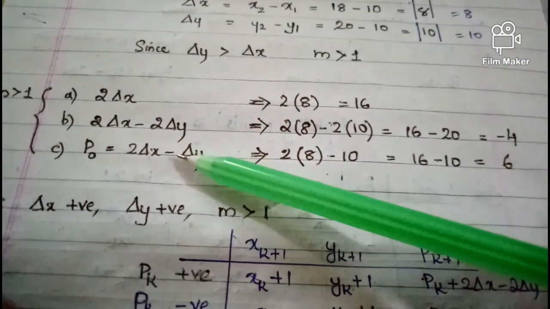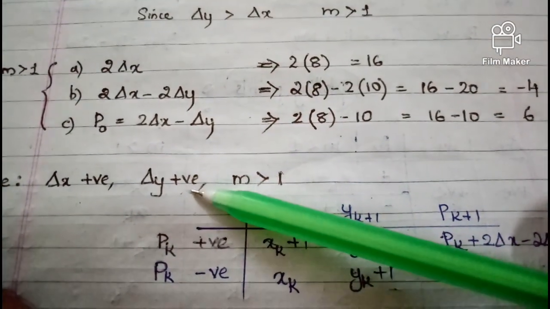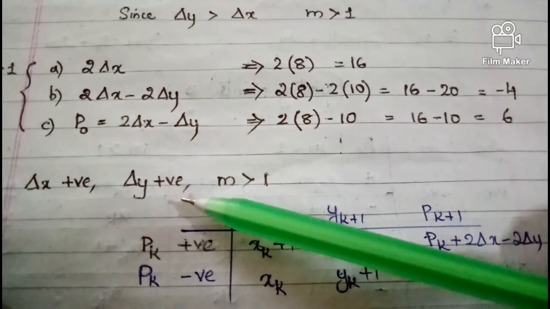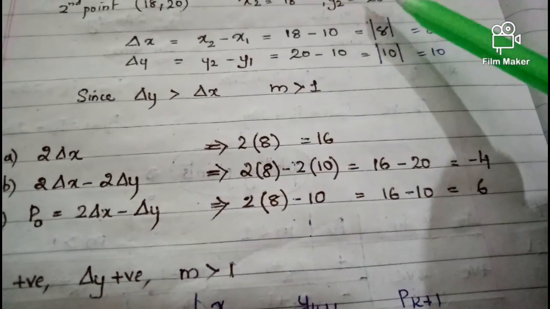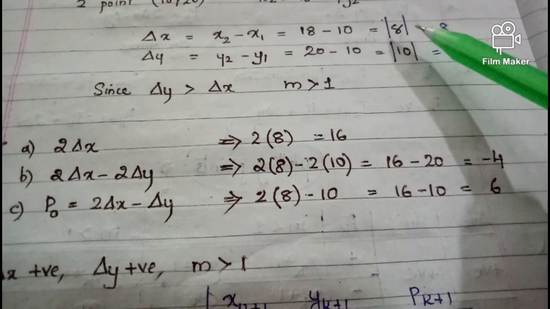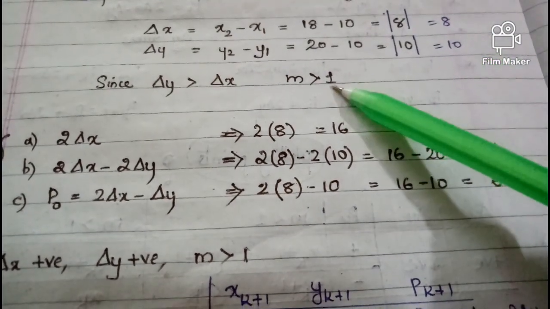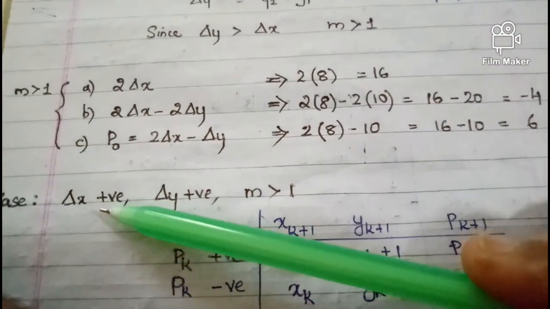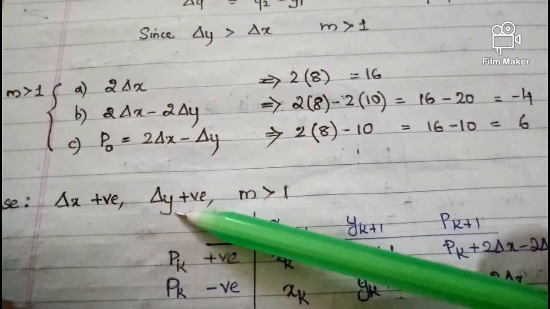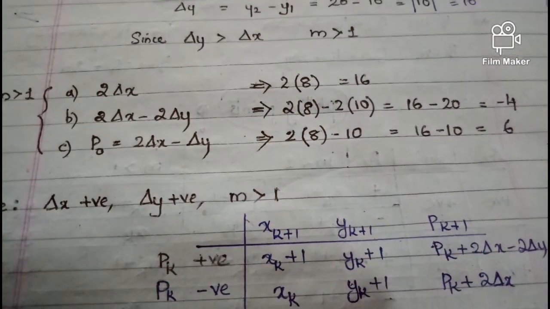Once the calculation is over, as per the rule, we have to identify the case. That means we have to identify the plotting points. Let us identify it. Here, sign of delta x is positive and sign of delta y is also positive. But the case is m greater than 1. So write the three pieces of information. Delta x is positive, delta y is also positive, and it is a case of m greater than 1.